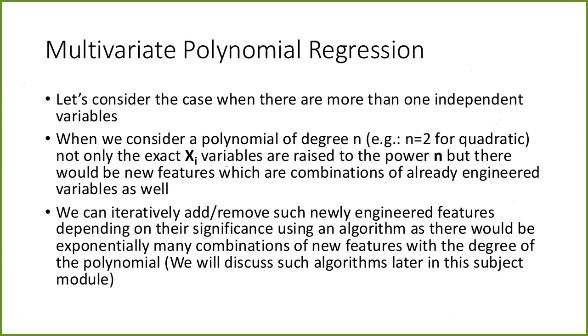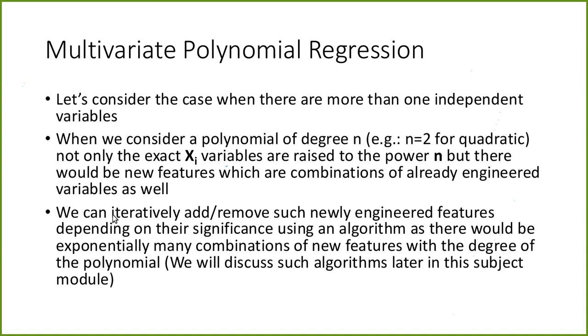That means you can have more than one x variable, and there also you can increase the degree of each independent variable, and then you can increase the accuracy by increasing the exponent or the power of each of the independent variables.